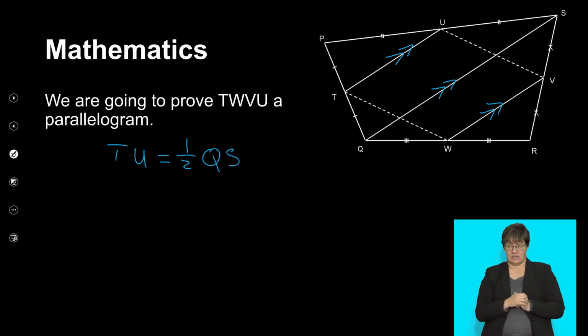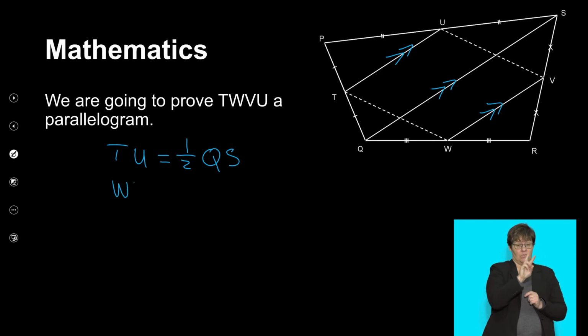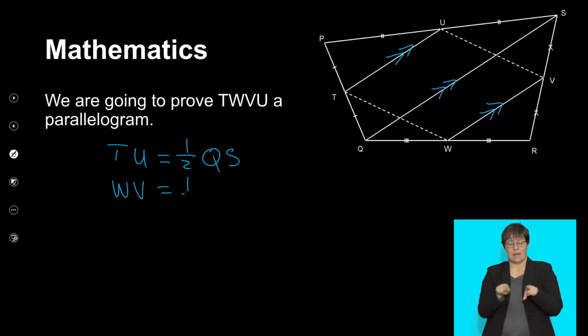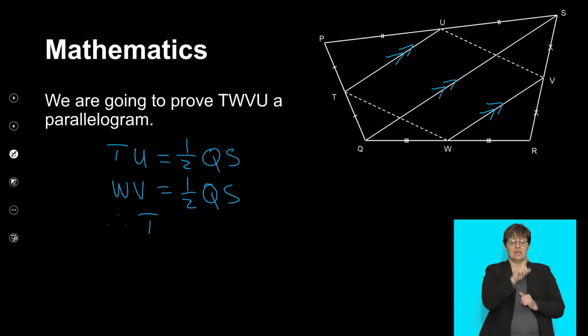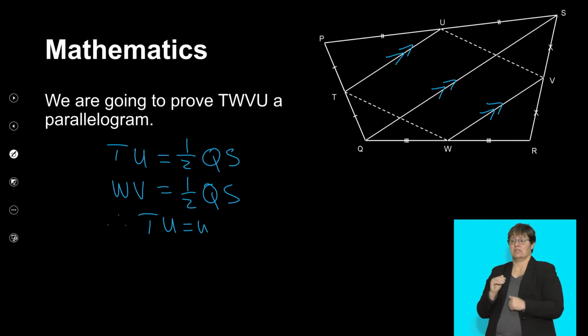And then I also know that my WV is equal to half of QS. So TU is equal to WV.